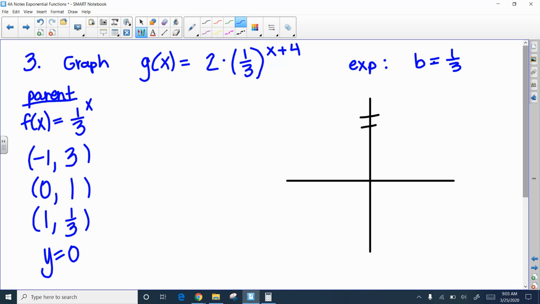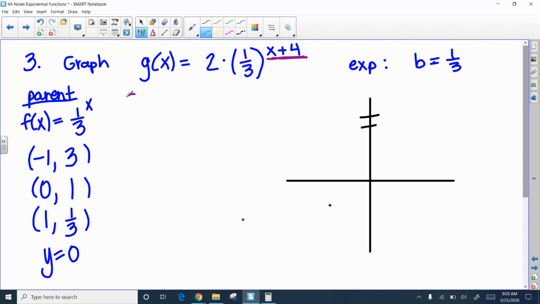This was our parent function. So the first operation we would do would be what's in the exponent. The +4 is with the x, so that's going to affect the x values. And remember, with the x, we do the opposite operation.